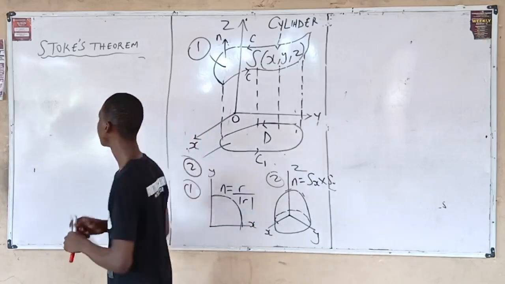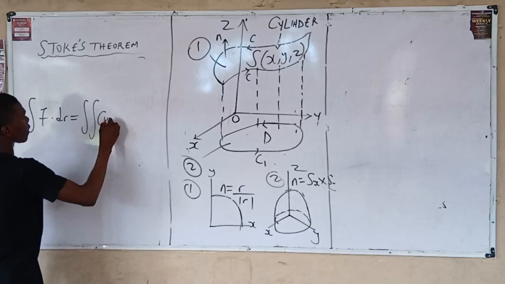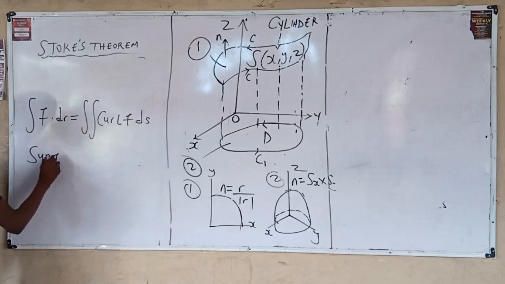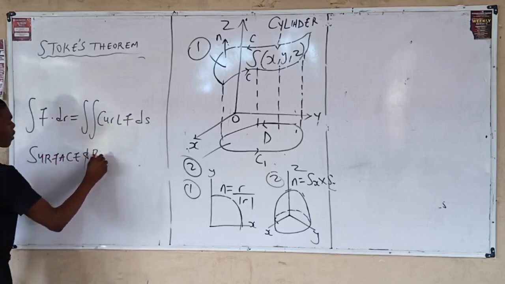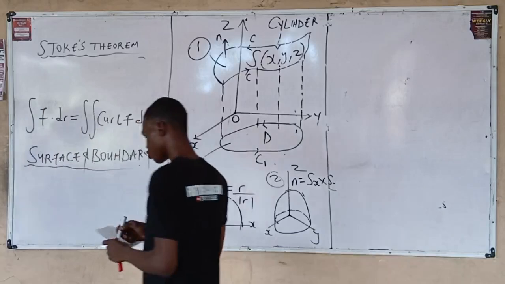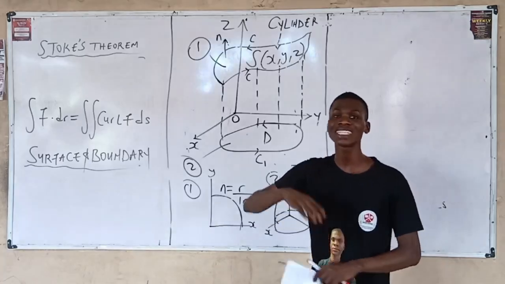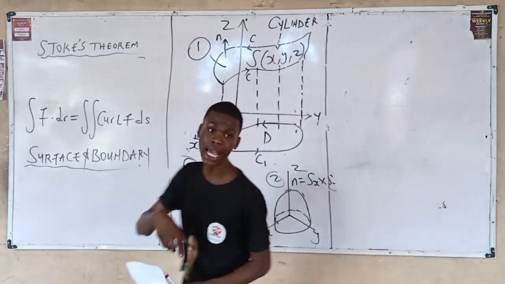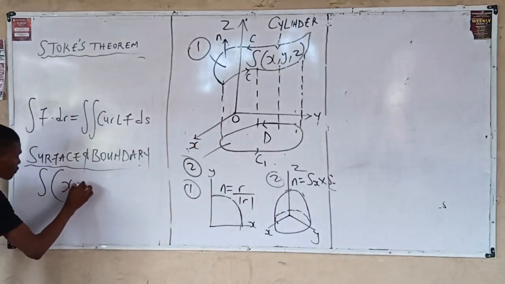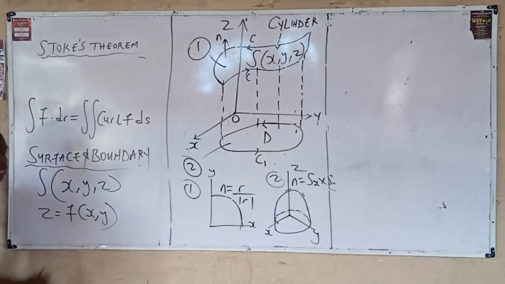S is given by, now we are defining the surface and the boundary. The surface S is defined as a function of x, y, z, where z is a function of x and y.